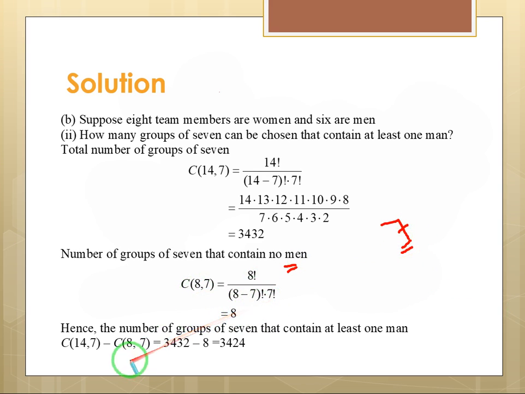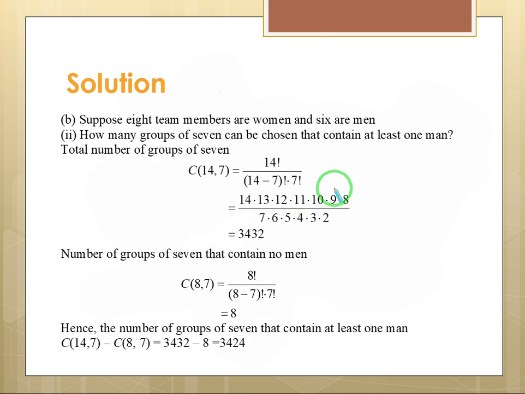Hence, the number of groups of 7 that contain at least 1 man: this is your 14 choose 7, this is your 8 choose 7, so subtract it out. How many groups are possible which have at least one man? 3,424.